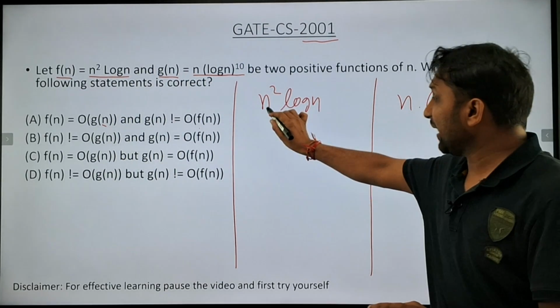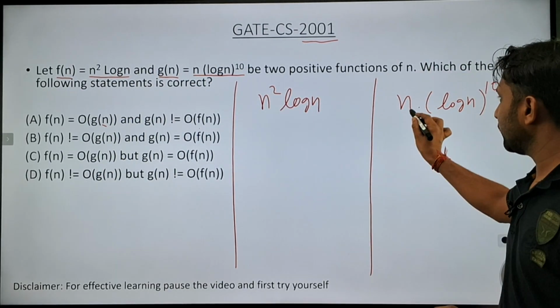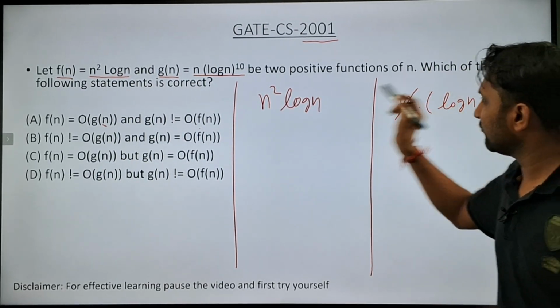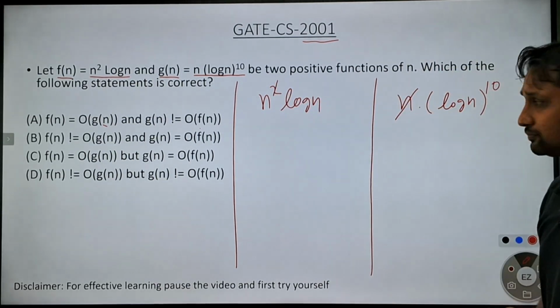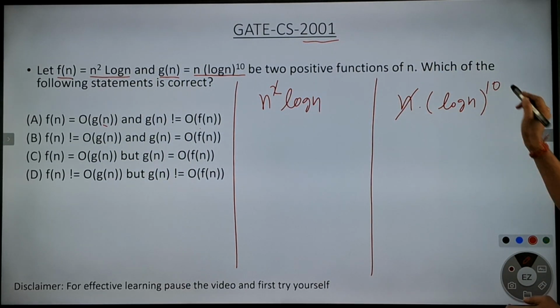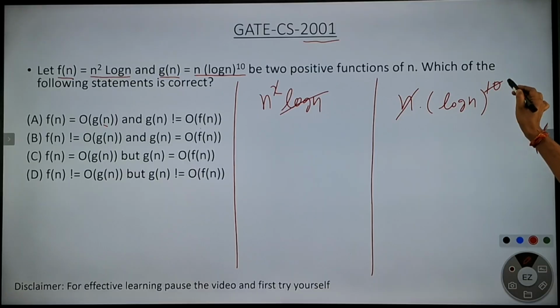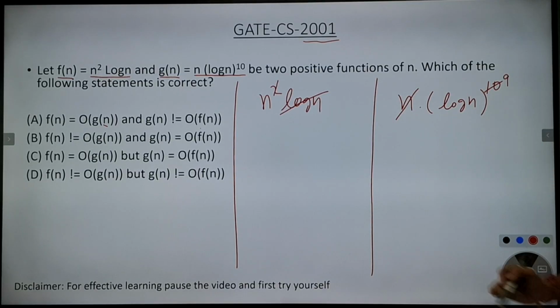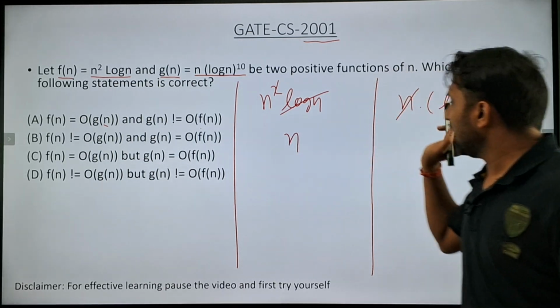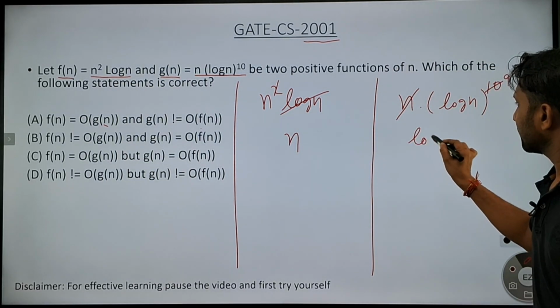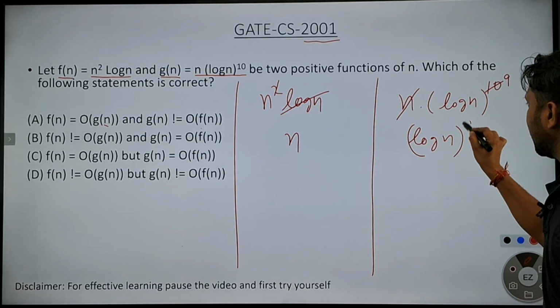Here we have n square, n into n. Here we have n. So I can remove one n from here and one n from here. Here we have (log n) power 10, here we have log n. So remove one log n from here. What we are left with here is n, and what we are left with here is (log n) power 9.